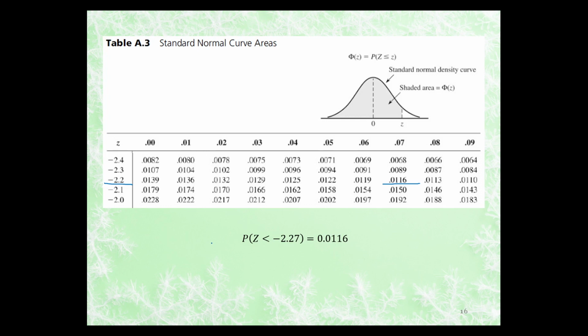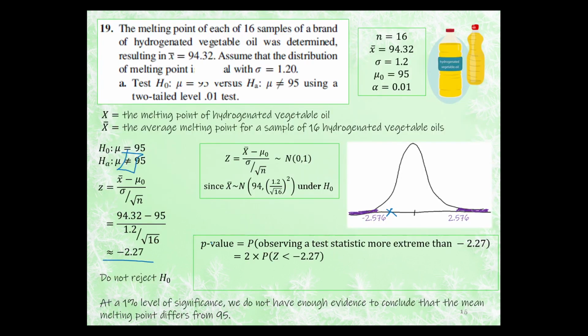So if we go back to the previous slide, then this will be 2 times 0.0116, which is what we got from the tables. And if we do that calculation, it is 0.0232.